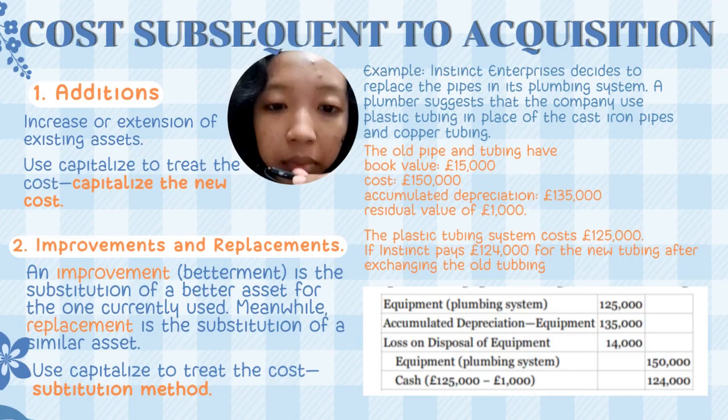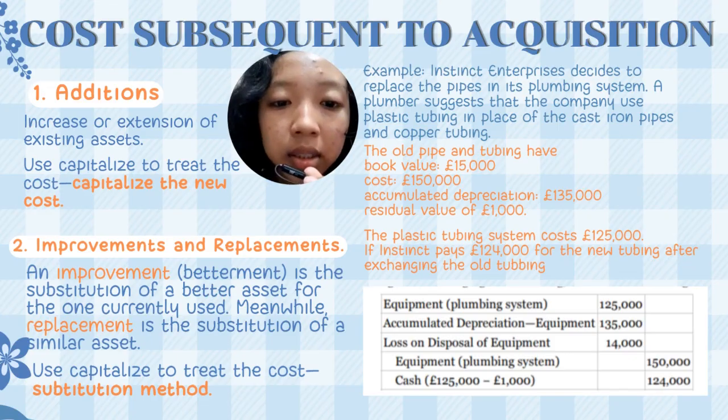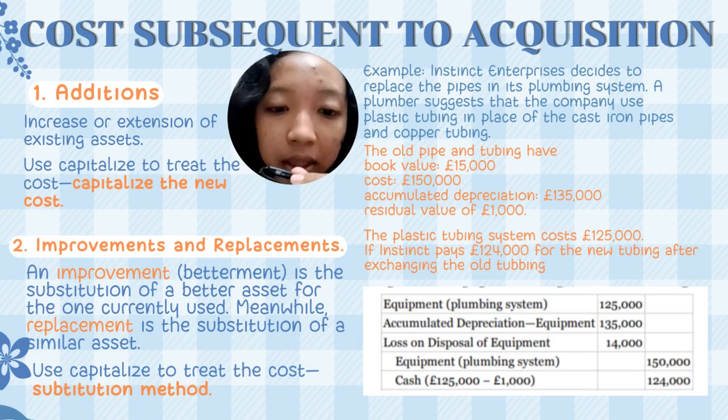For example, Instinct Enterprise decides to replace the pipes in its plumbing system. A plumber suggests that the company use plastic tubing in place of the cast iron pipes and copper tubing, with the information that the old pipe and the tubing have a book value of 15,000. The cost is 150,000, and accumulated depreciation is 135,000.